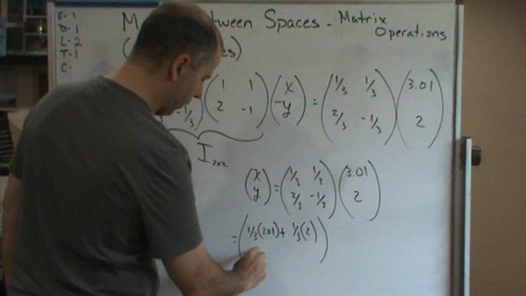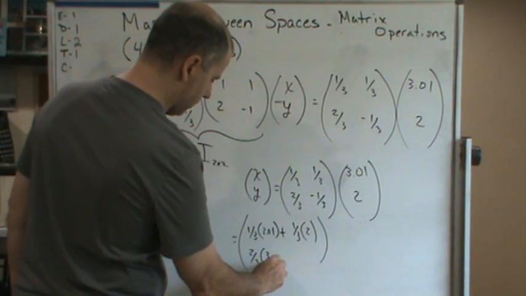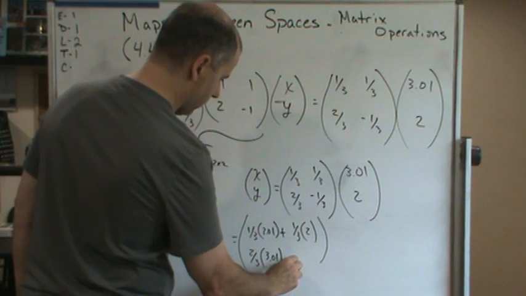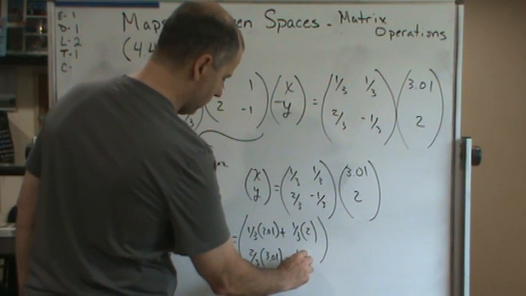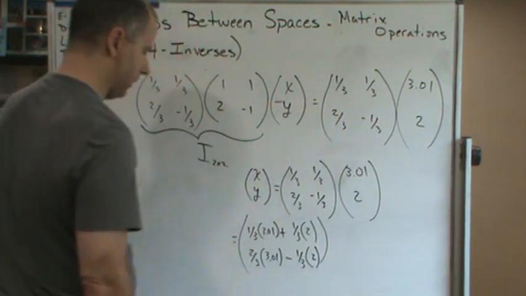And then I'm going to get 2/3 times 3.01 minus 1/3 times 2.